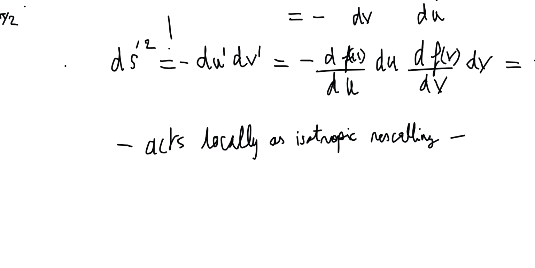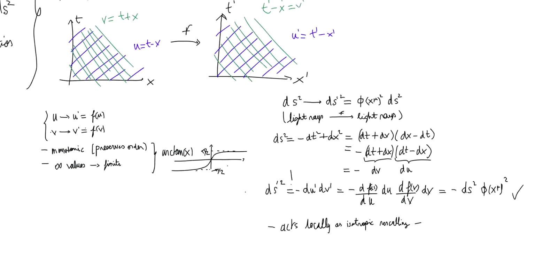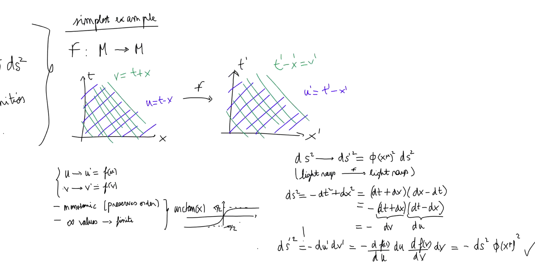All right. So now, using arctangent to map 1 plus 1 Minkowski onto 1 plus 1 Minkowski using arctangent of x, or Penrose diagram.